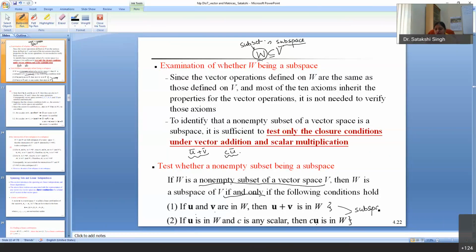You don't need to check the other properties of a vector space. And you should understand that this subspace, which is a subset of the vector space V, is itself a vector space.